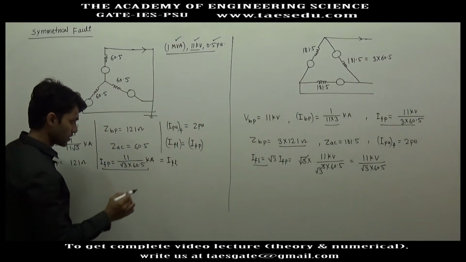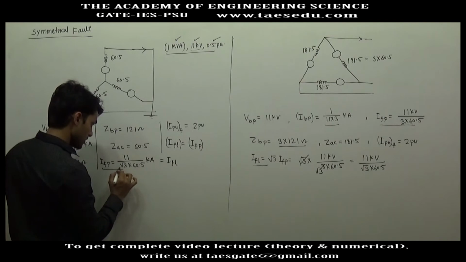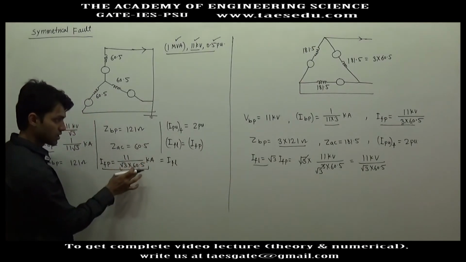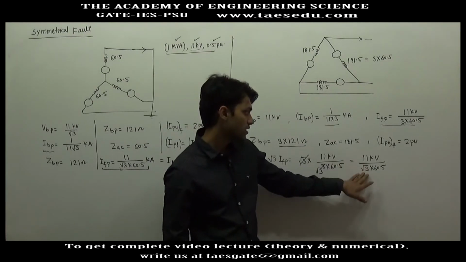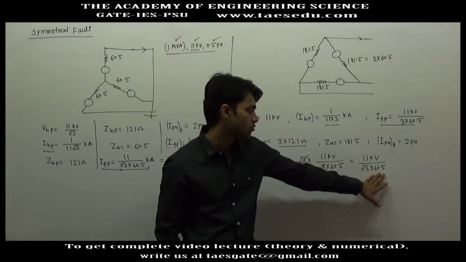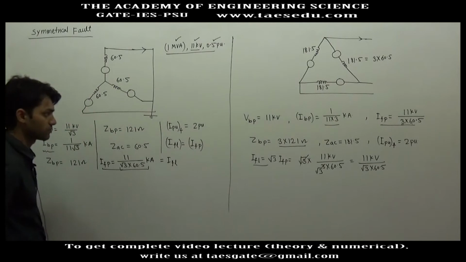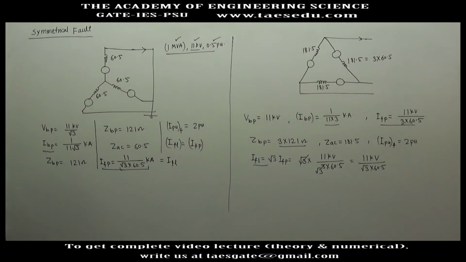Now you compare the fault current in line. Here is 11 divided by root 3 into 60.5, and here also 11 divided by root 3 into 60.5.